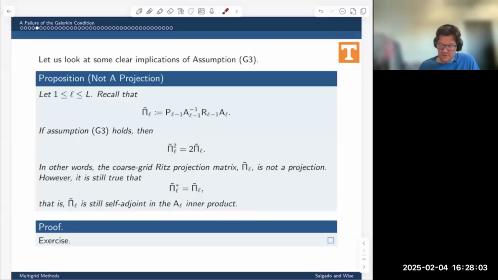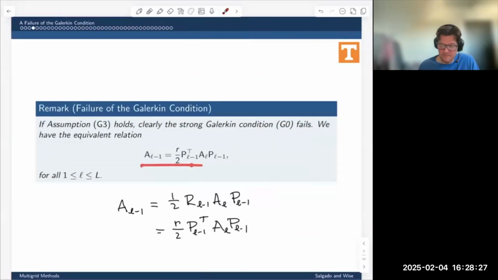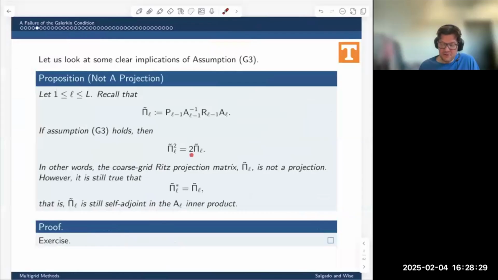So that's a good feature to have, maybe. So it's not a projection matrix anymore, but it is an almost projection matrix, and it is still self-adjoint in the AL inner product. Both of these proofs are simple exercises. All you have to do is multiply this object by itself, and you'll see what you get out in the end, using your definitions previously, is that you're going to get 2 pi L tilde.